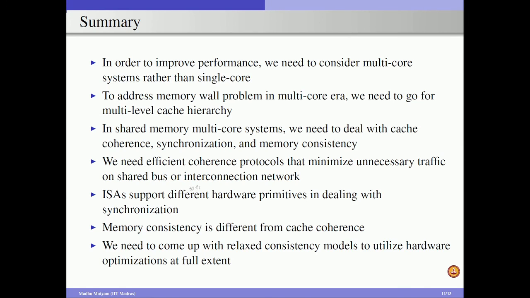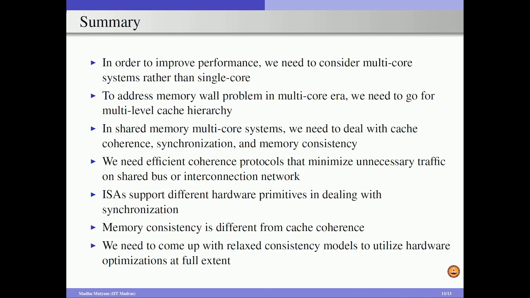And in order to support synchronization, our ISA, the instruction set architecture, needs to support various hardware primitives, so that when we write software algorithms to deal with synchronization, they can make use of these hardware primitives. And similarly, for memory consistency, we know that it is different from cache coherency. Even systems that may not have cache coherency need to have memory consistency.